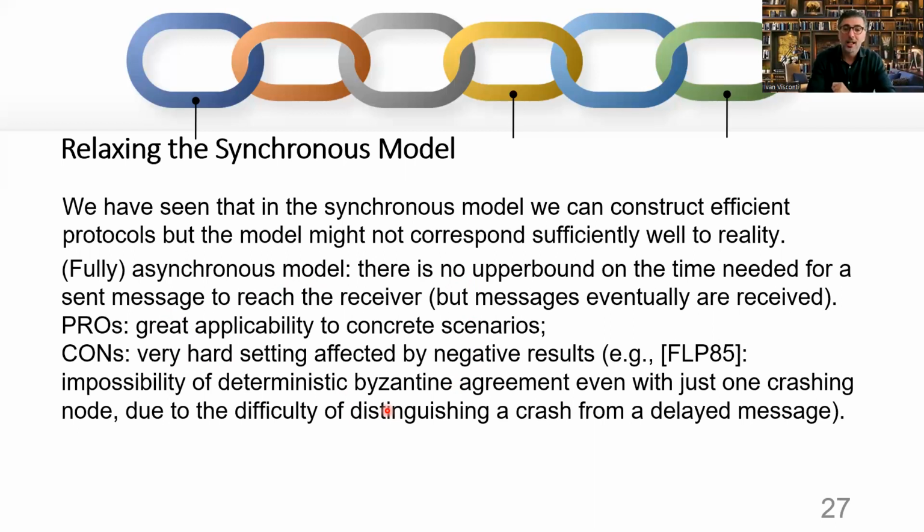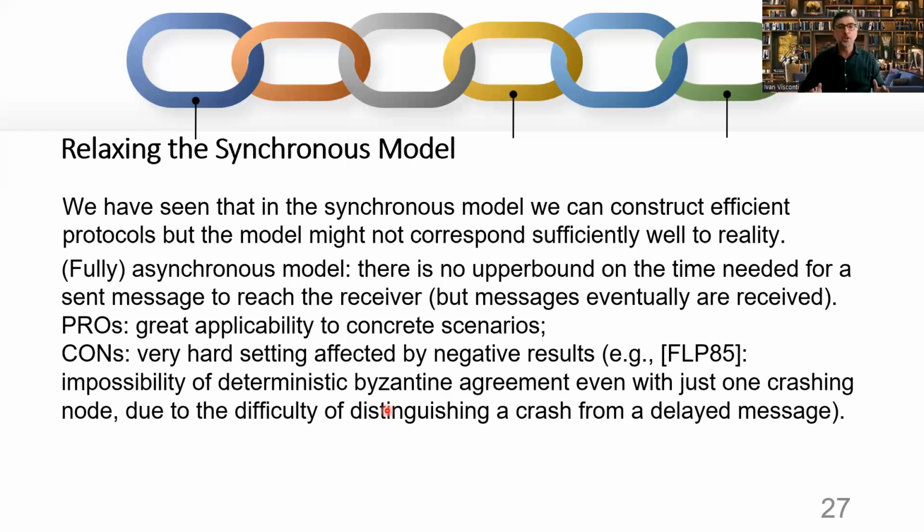And you cannot do Byzantine deterministic. This is due to the fact that in this setting it's basically impossible to distinguish a crash, a node that will not respond anymore, from a node that actually responded, but the message just takes who knows how much time to reach you.